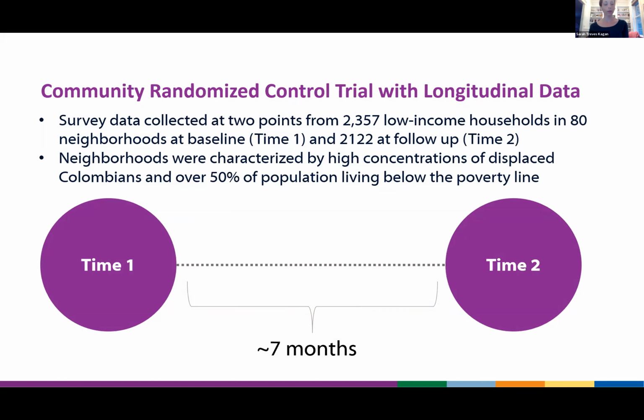Survey data was collected from households within these neighborhoods at 2 time points, with 2,357 households completing baseline surveys, and 2,122 of those households completing a follow-up survey approximately 7 months later.